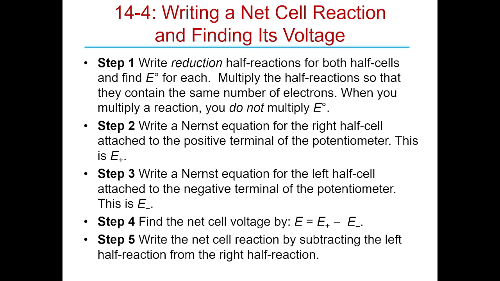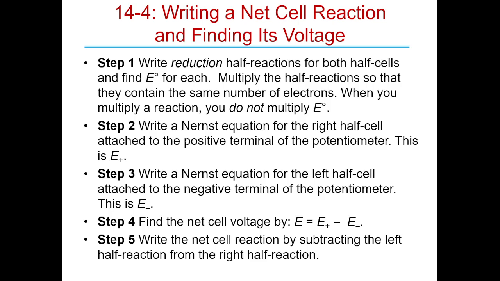Remember though, when you multiply a reaction, you do not multiply its E naught, okay? Because it is an intensive value. It is not extensive, right? So it does not matter how many moles of something you have, that E naught doesn't change. Just like broadening out that waterfall: it doesn't matter how broad the waterfall is, the energy coming off it is the same going down, right?